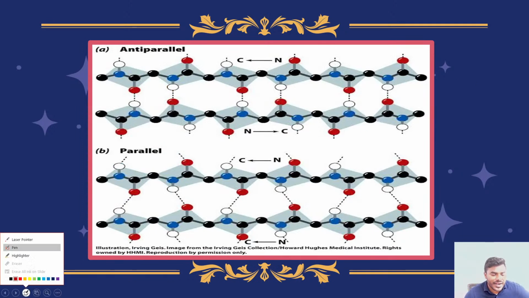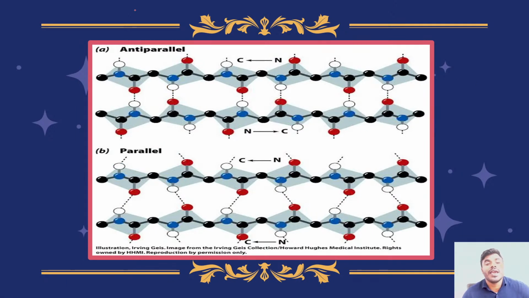We have discussed that the alpha helix can be exhibited in the parallel as well as the anti-parallel. Similarly, the beta pleated sheet also will be in the parallel direction or anti-parallel direction. Parallel direction means, friends, they are moving only in one direction. See here, N terminal to C terminal domain, N terminal to C terminal domain.